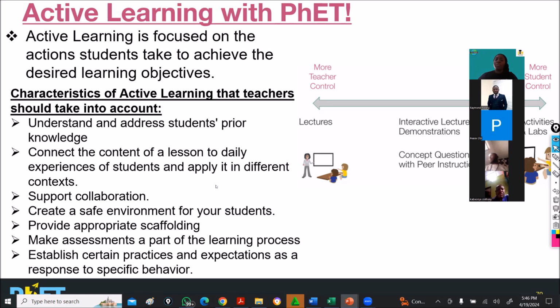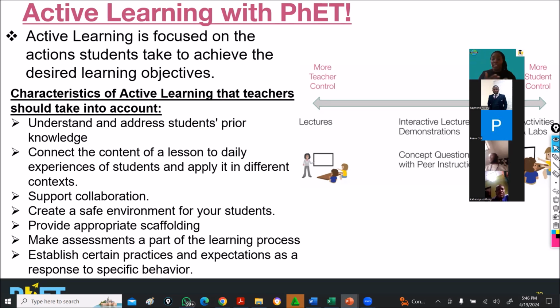When you want to use active learning in your classes, you should have practices and class norms that you introduce, because when you are doing active learning, there's bound to be noise. So even our culture as teachers, that everywhere has to be quiet during a class, we have to change that mentality.